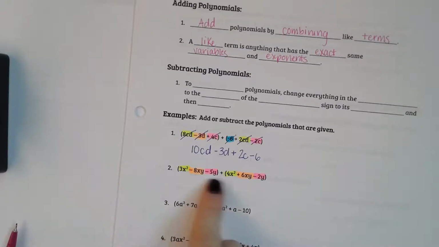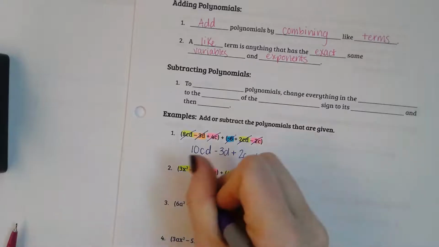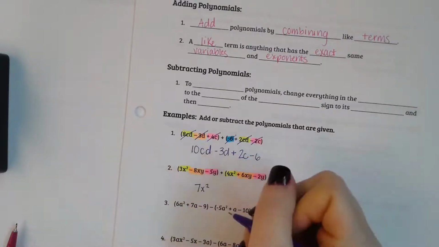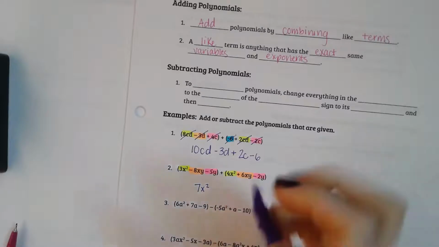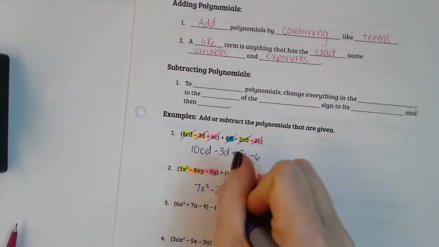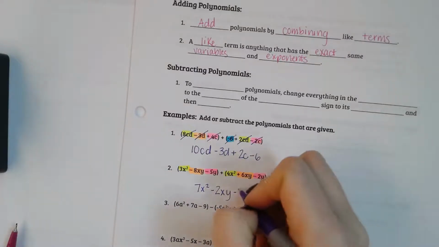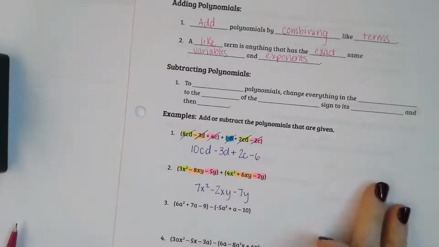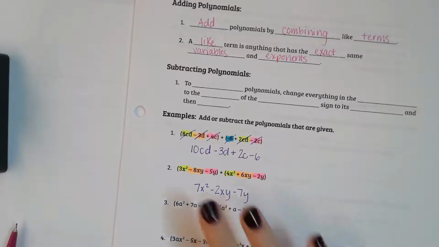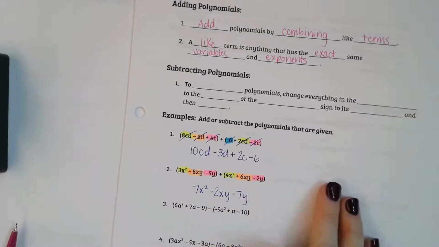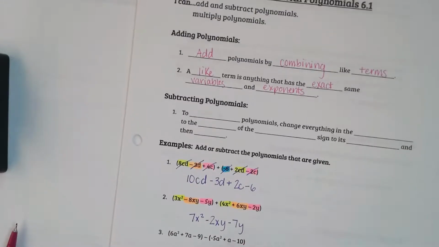So 3 plus 4 is 7. Negative 8 plus 6 is a negative 2. And negative 5 plus negative 2 is negative 7. And then you just tack on your variables. So again, a little bit of a review from Unit 0.